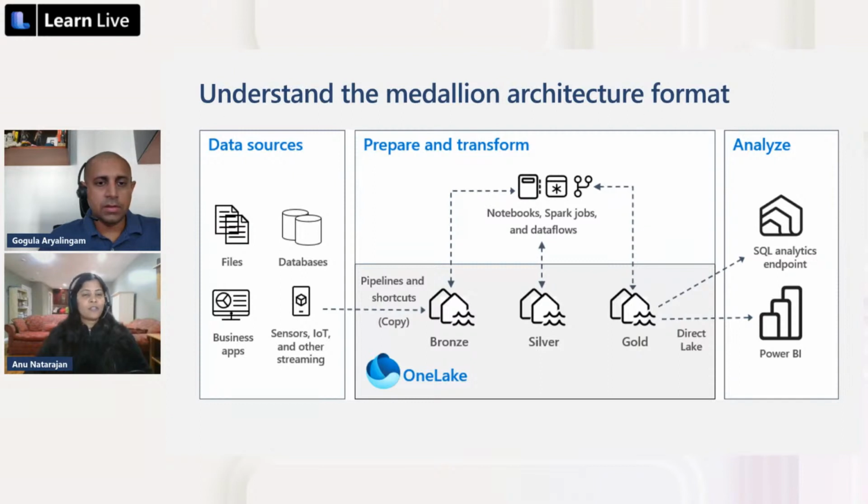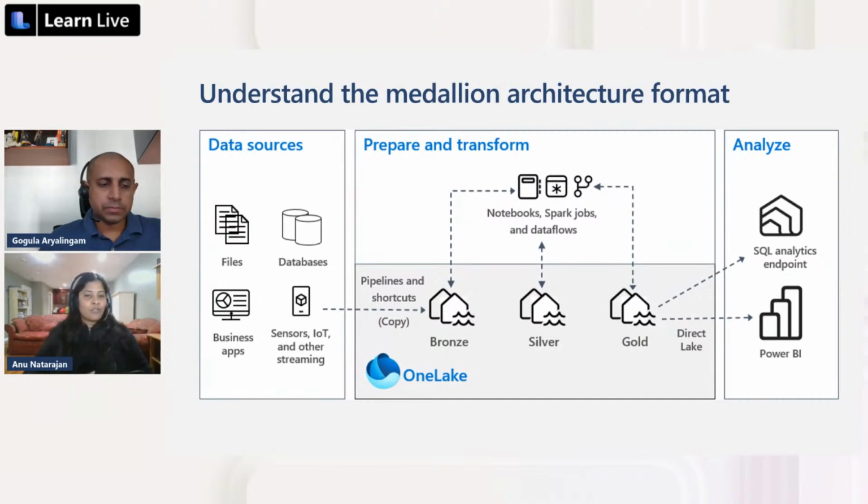And this is where we are going to implement our medallion architecture, the data design pattern I talked about, where we have the data moving across the different layers like the bronze, the silver, and the gold. Once we have the data organized in these layers, you can use it for analysis purposes, or you can use it for reporting purposes.